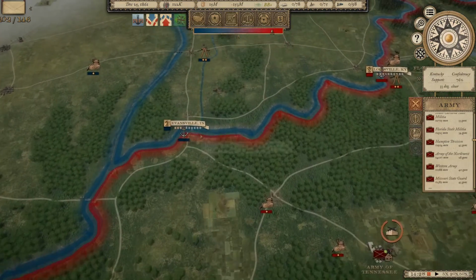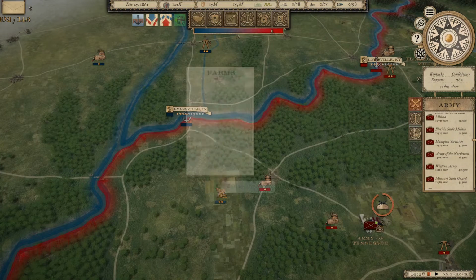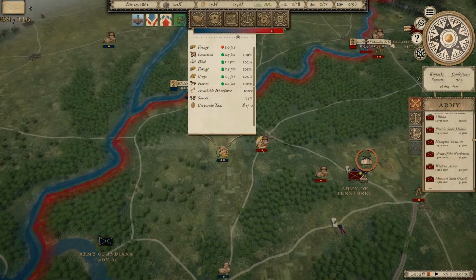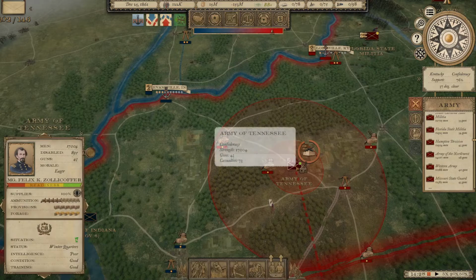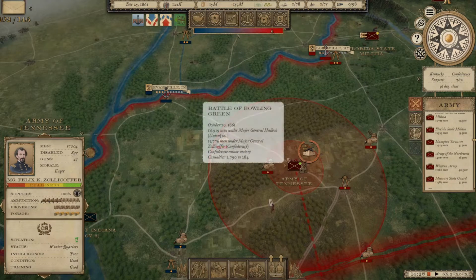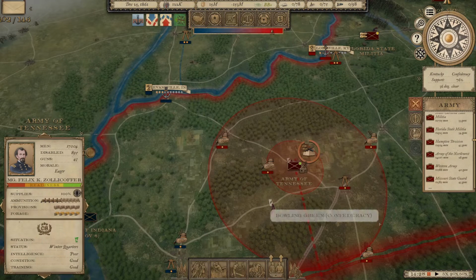But say I knew that they were short of the stuff this place produces, and it produces livestock, wool, forage, other things. If we raided it, it would exacerbate that problem they already have. And again, you would do it just by using your cavalry rather than having them scout. You would have them raid if the army is close enough to do that. That would also increase their problems.